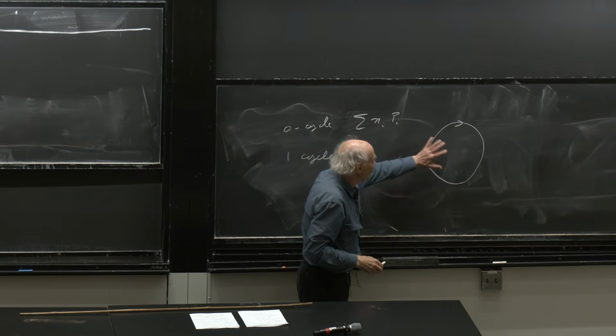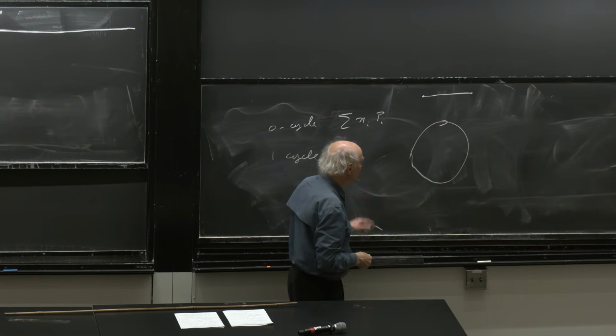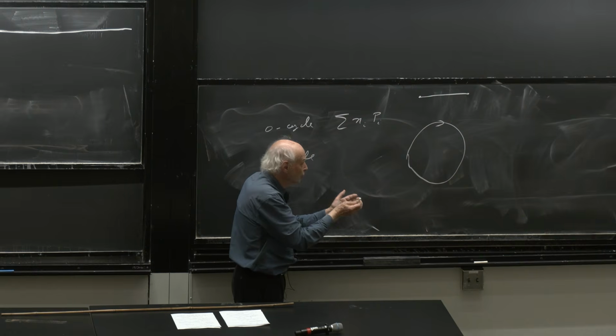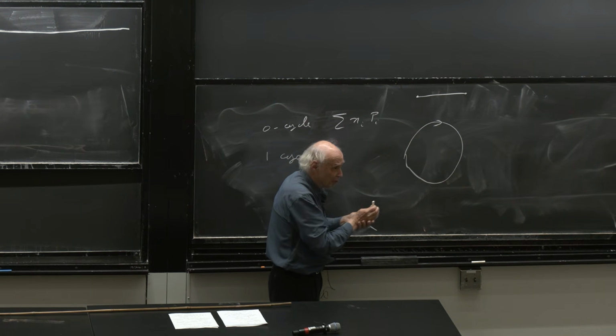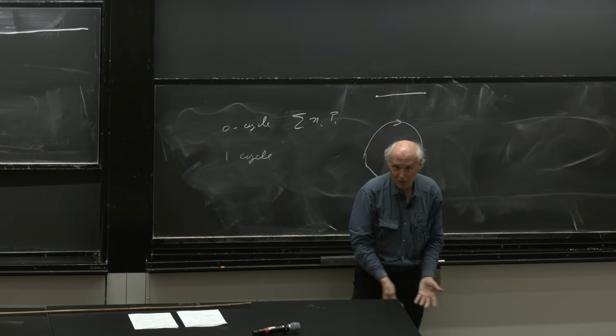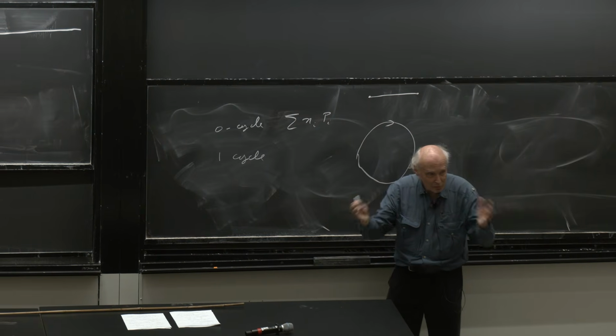And no boundary, so I don't want to have something like this. So one cycles are one-dimensional, oriented, you can integrate things over them, and no boundary. Two cycles are something two-dimensional if you are in three space, and again with no boundary.